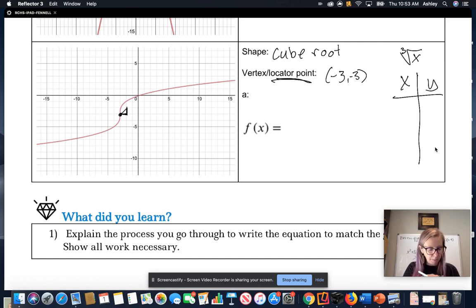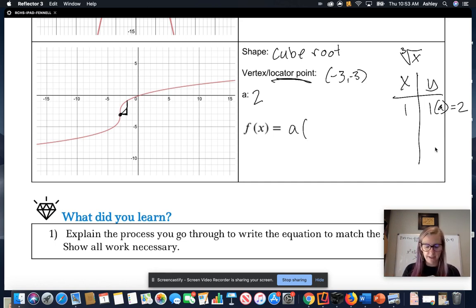But I didn't. I went up 2. So normally we would go over 1, up 1, because the cube root of 1 is 1. However, I multiplied by some a value, and I ended up going up 2. So what would your a value be? 2. So we have our a value, we have h and k, and we're ready to write our equation.